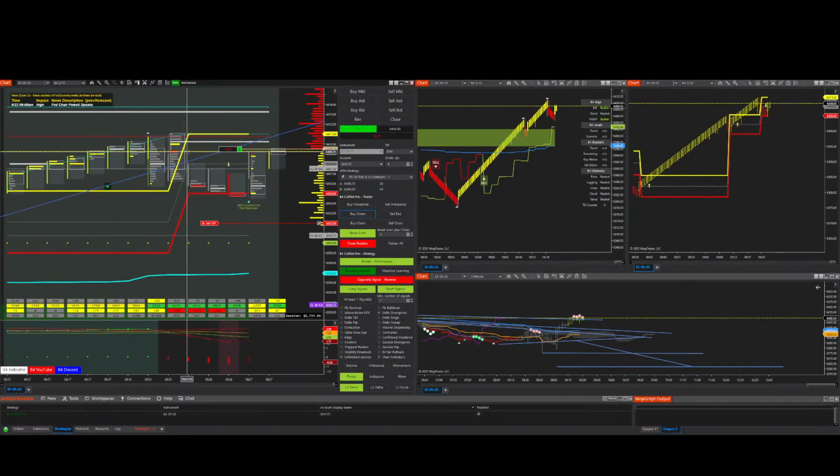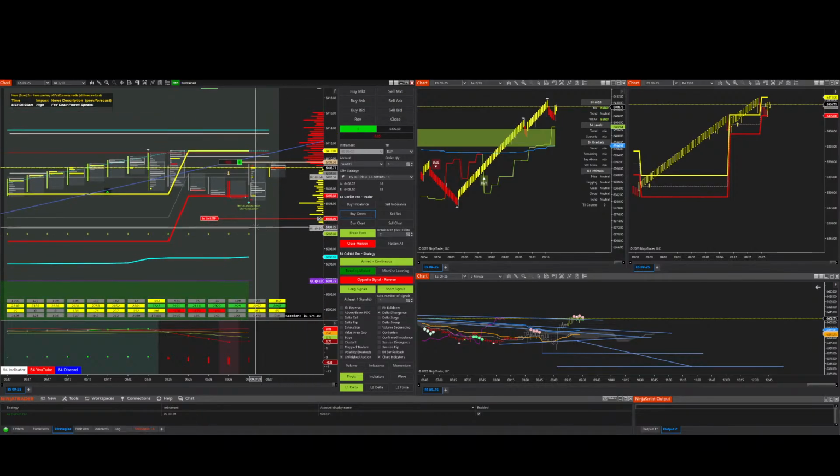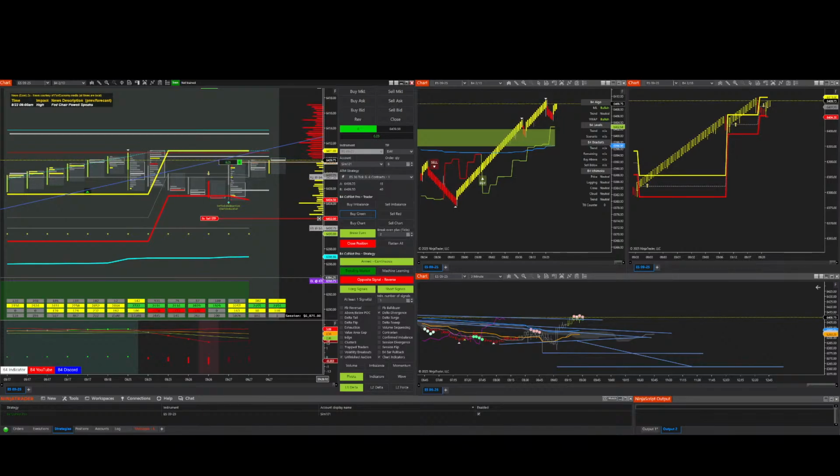Order filled. So that's the third trade that I lost this morning, I believe. I have it set to where it'll flip me right here on opposite signals.